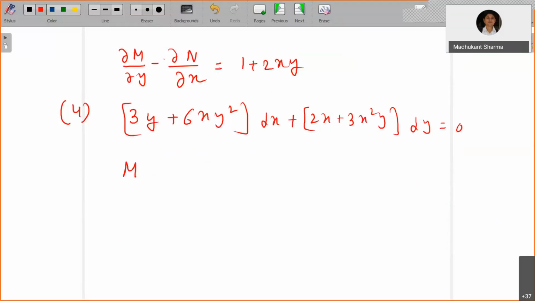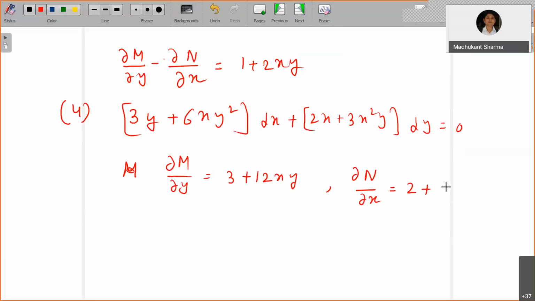Now let me see. ∂M/∂y is going to be 3 plus 12xy, and ∂N/∂x is equal to 2 plus 6xy.